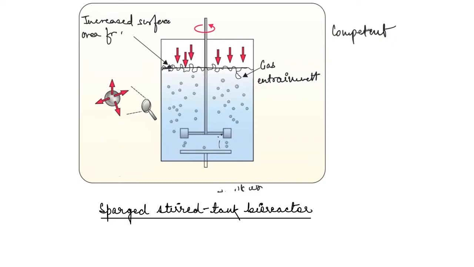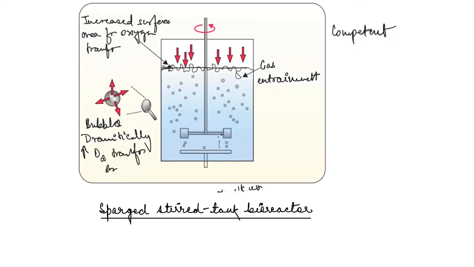And how do we do it? We do it through bubbles, right? So these bubbles dramatically increase the oxygen transfer area, right? So guys, this is the sparged stirred tank bioreactor.